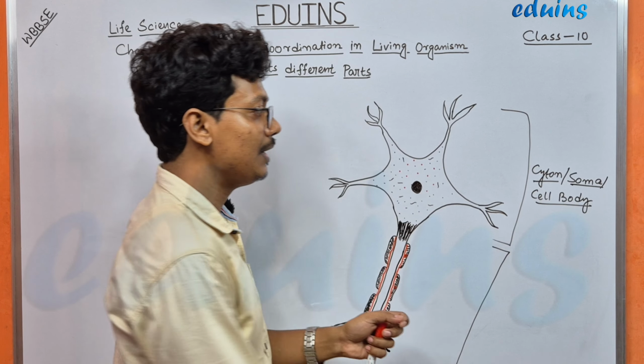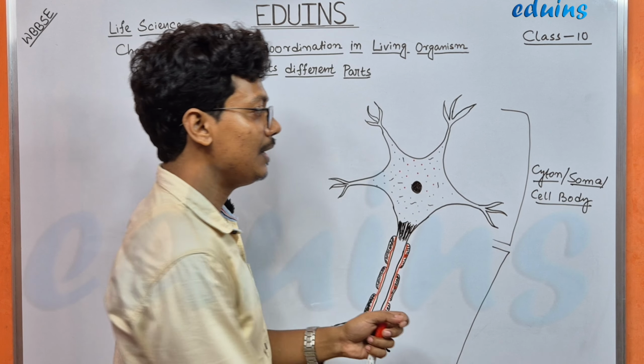Next, the elongated part is known as axon. So this is a cell, and of course it contains a nucleus. The nucleus is located in the part of the cyton or soma.